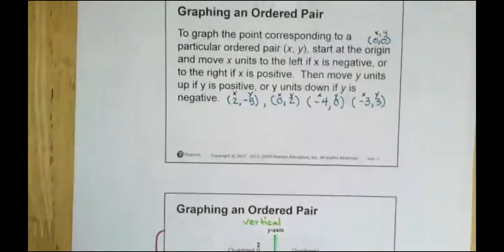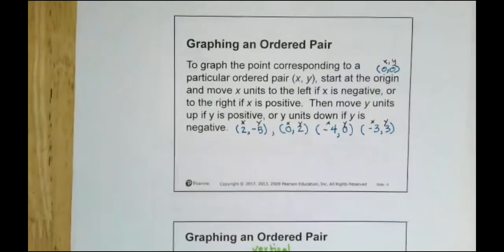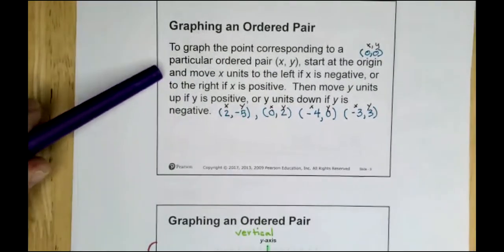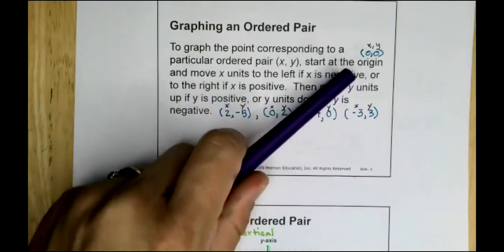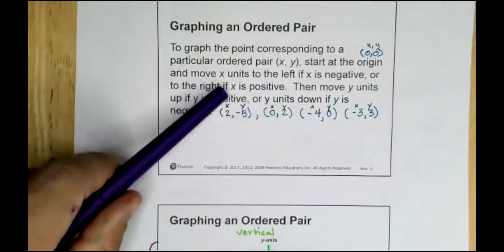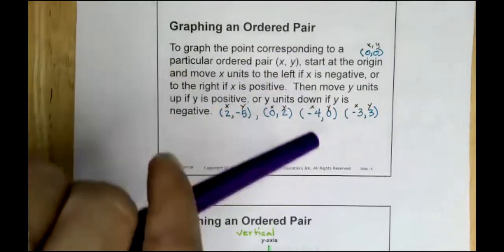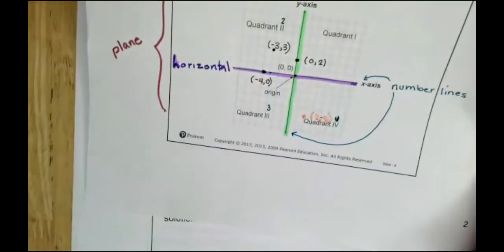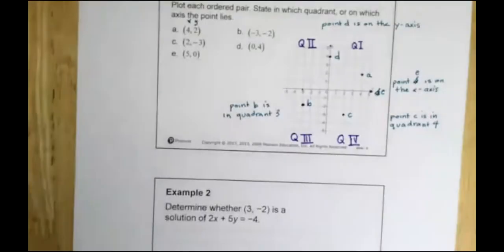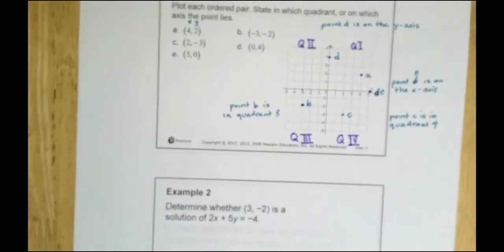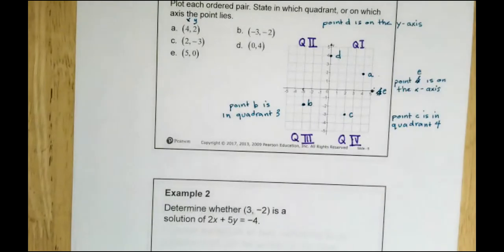Okay. We know how to graph. We graph the point corresponding to an ordered pair. Start at 0, 0, move x left or right. And then for the second number, move y up or down. Okay. Here's our example. And now we have plotted the points.